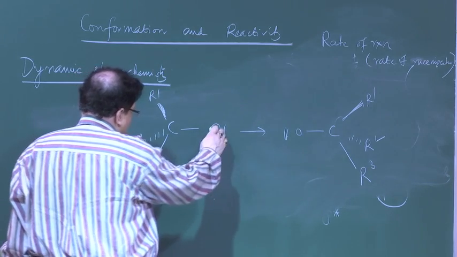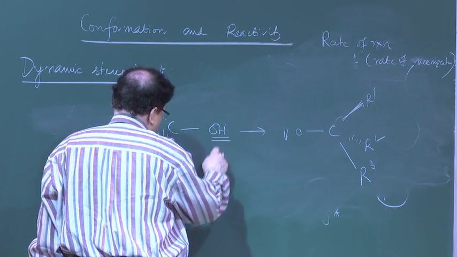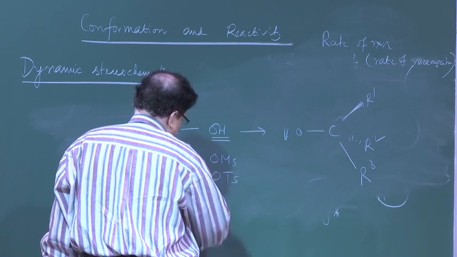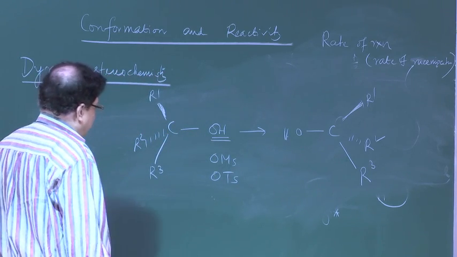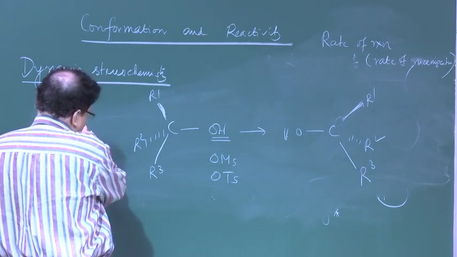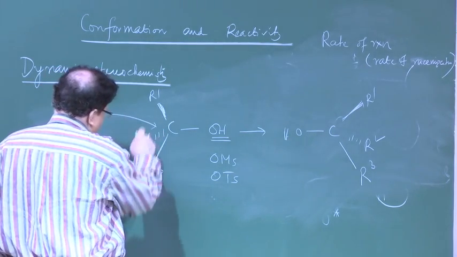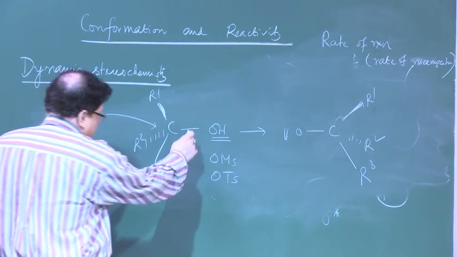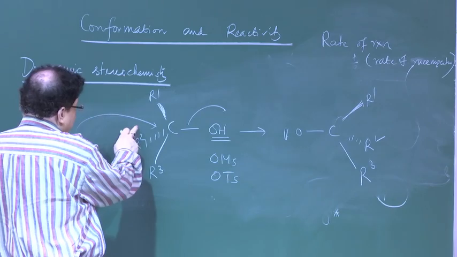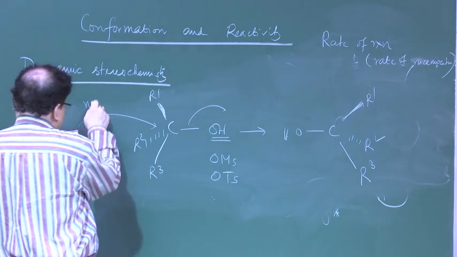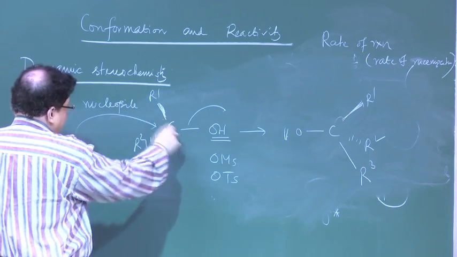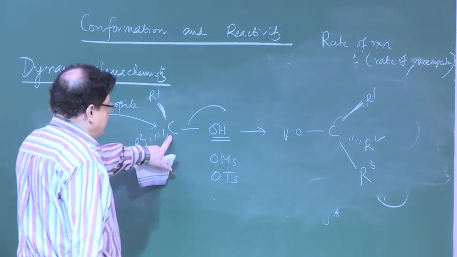In order to do that, you have to make it a good leaving group like OMe or OTs. If you make the OTs, you can now attack it with a nucleophile so that the leaving group goes out with inversion of configuration. This nucleophile should be such that it can be converted into a wedge without disturbing the stereogenicity of the carbon.